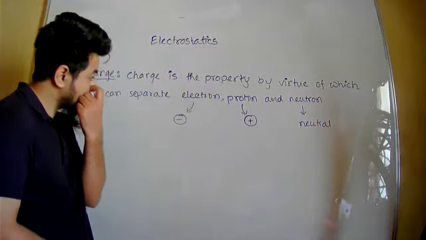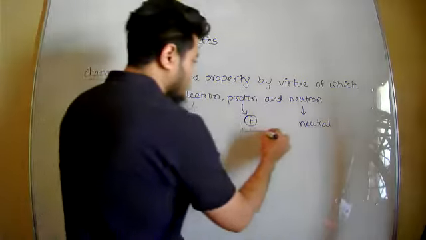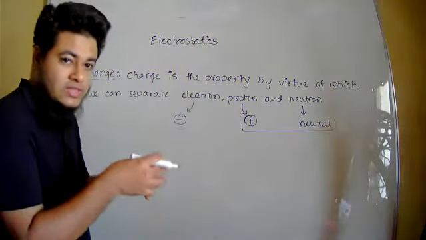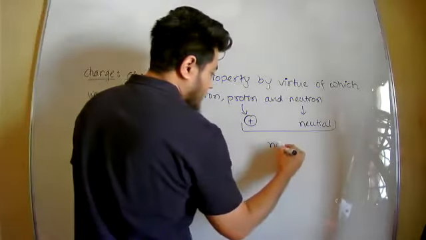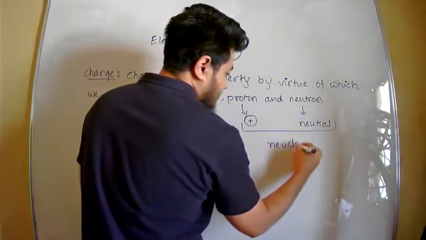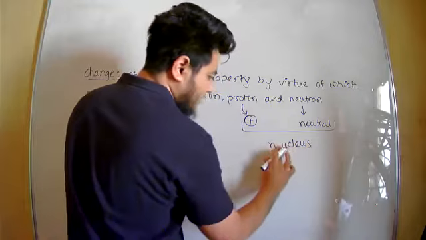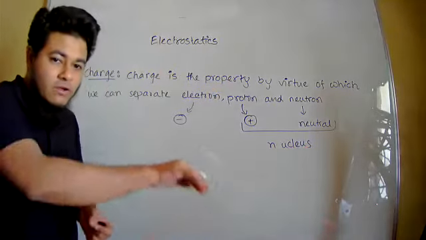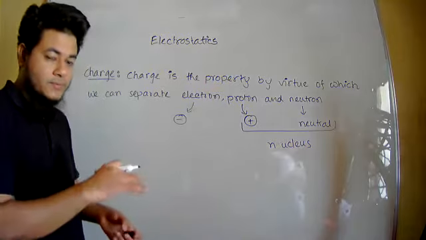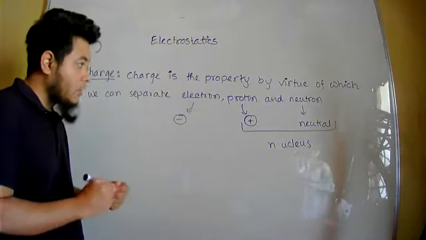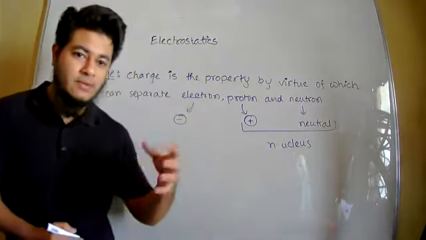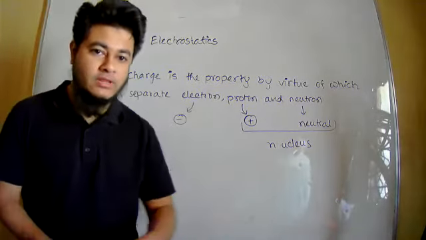Now, out of these three, proton and neutron are within the nucleus. And the electrons revolve around the nucleus, right? Now, out of these three, which one is free to move? Which one can be transferred from one body to another body?